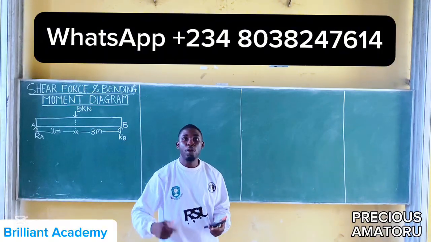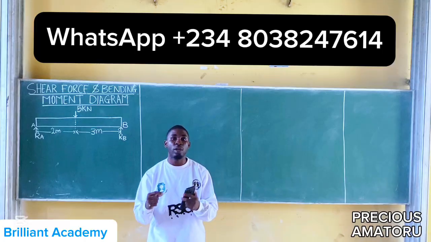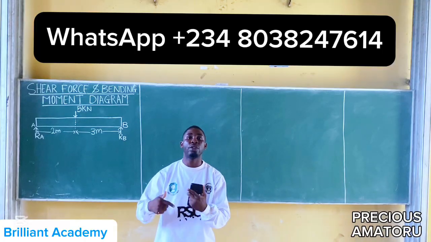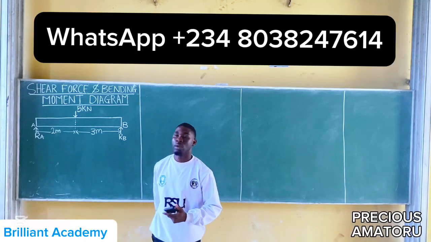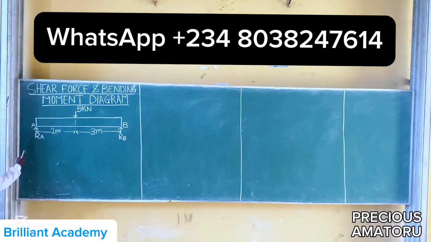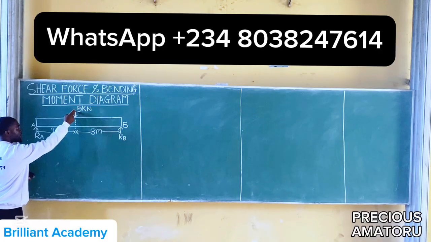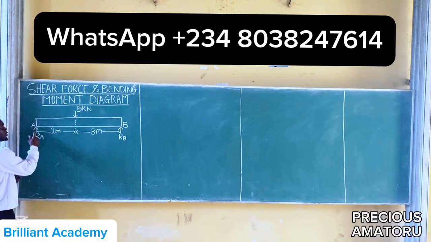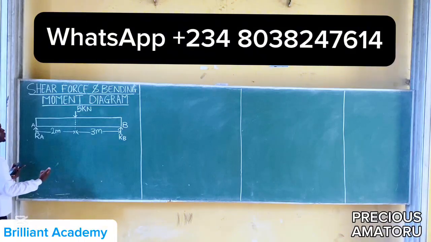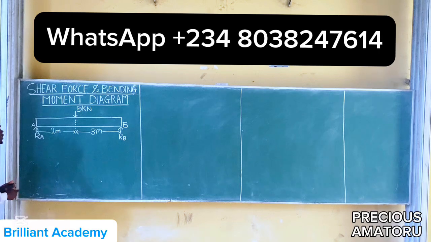So usually when you're given this question, your task there is to calculate for the shear force at every critical point of the beam. So by critical point, I mean you calculate for the shear force at the very beginning and the shear force at any point where there is a force. So for this beam, this is quite a simple problem. As we proceed, we'll get to see other complex problems.